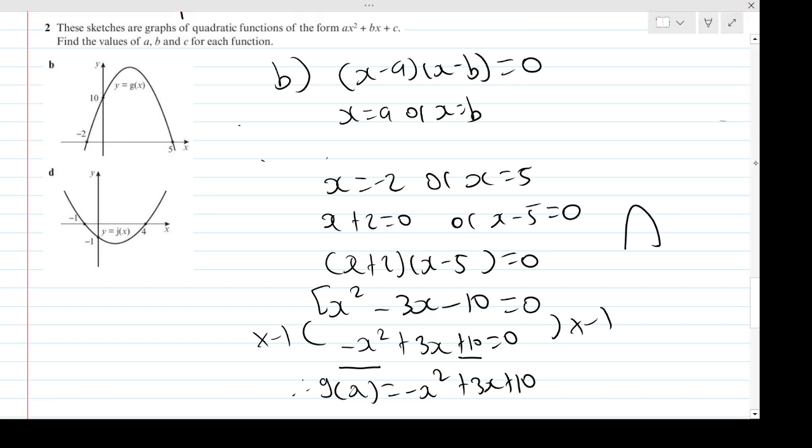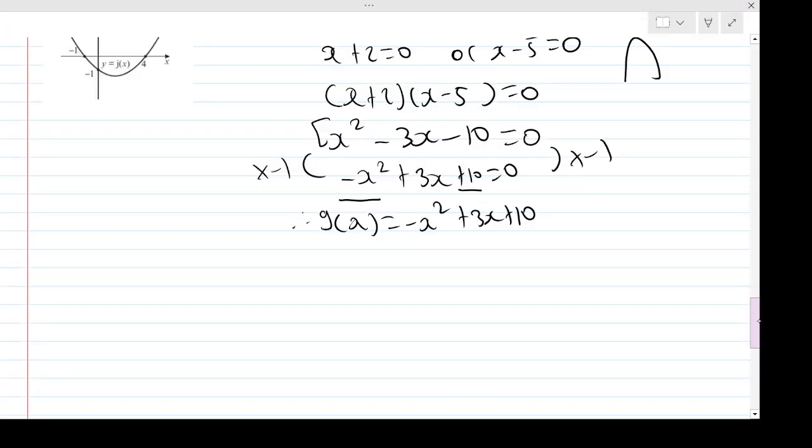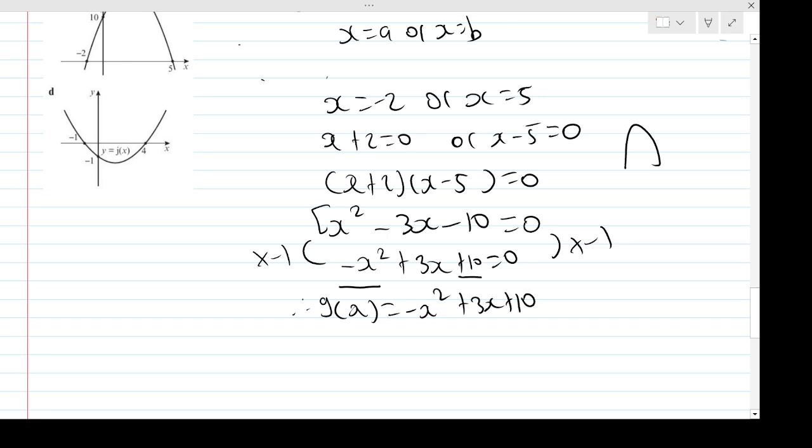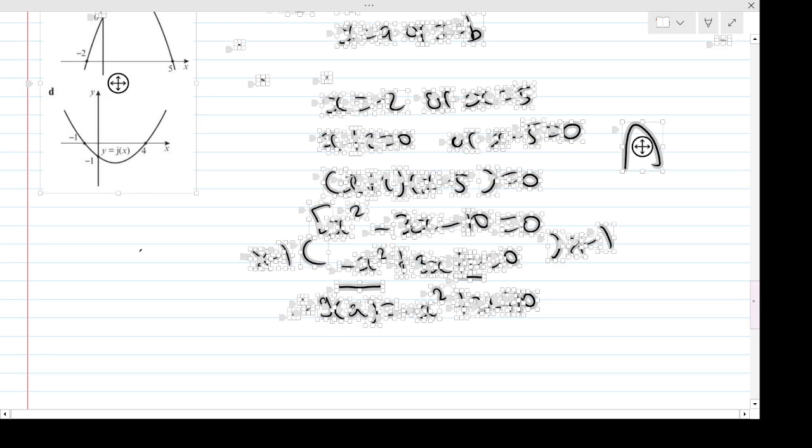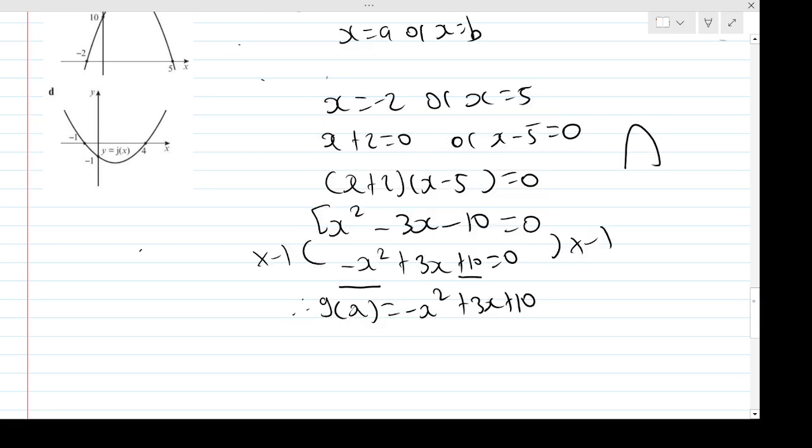Okay, cool. Let's have a look at part D. So I know it's a smiley shape. But again, I can work backwards with the solutions like I did last time to get factors, which you can expand. So I have -1 and 4.